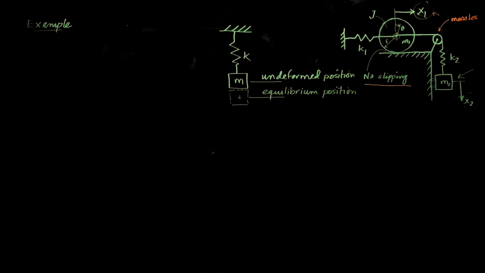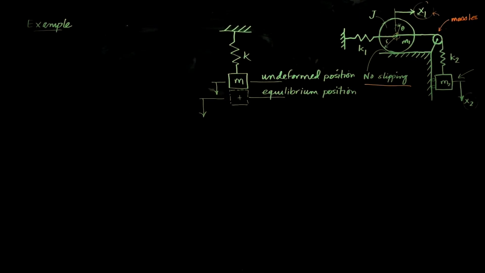Now, let me try to derive the equation of motion of this system once measuring x from the undeformed position, and then in the second approach measuring x from the equilibrium position.